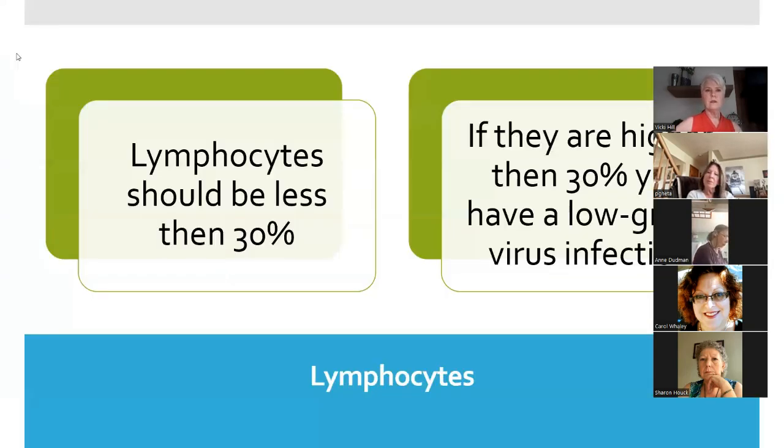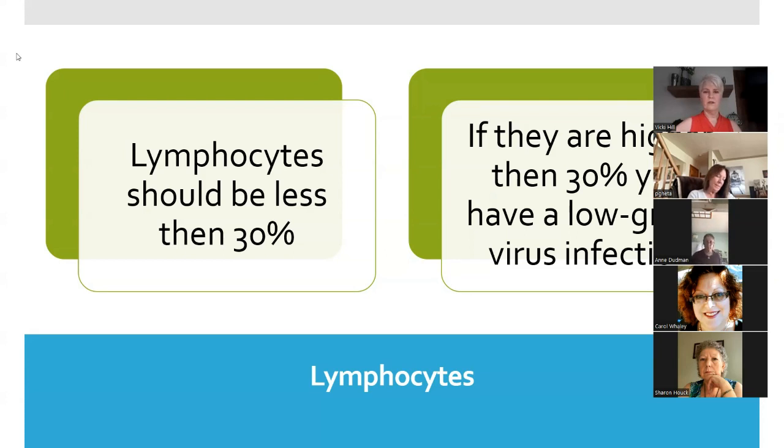The next one would be lymphocytes. So the lymphocytes should be, the magic number is 30%. Anything greater than 30%, that means your body is fighting a low-grade viral infection. Doesn't matter what kind of virus, because of the stuff we use, it kills it all. Handles viruses, parasites, bacterial infections, and fungal infections.